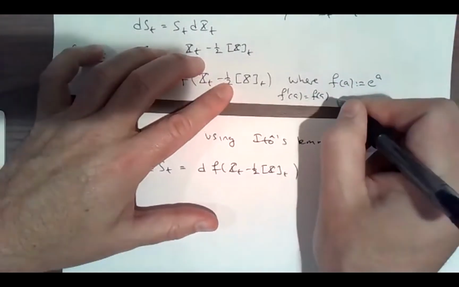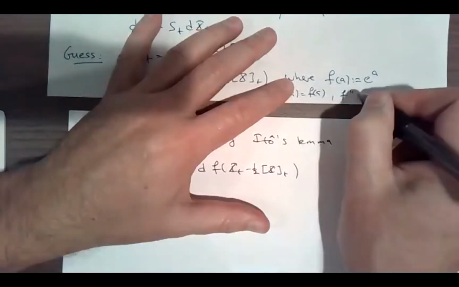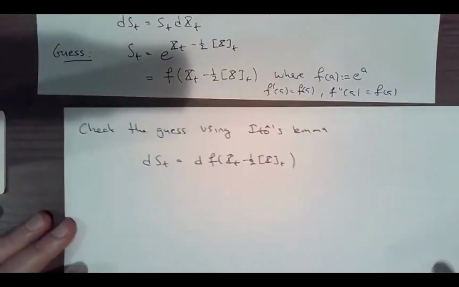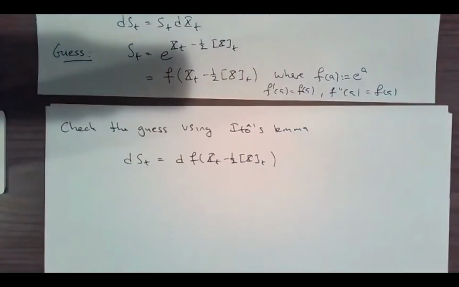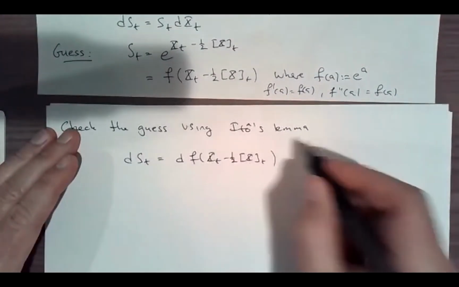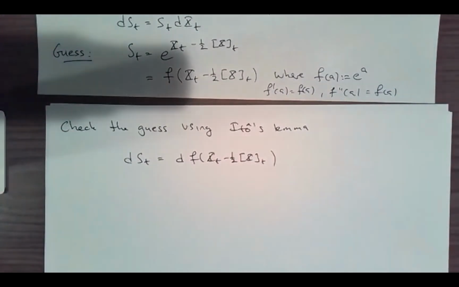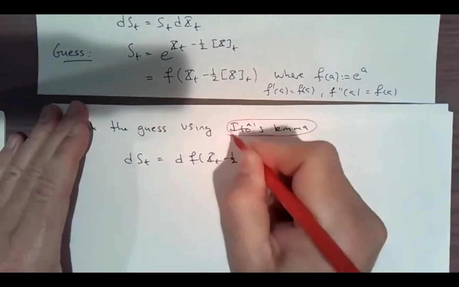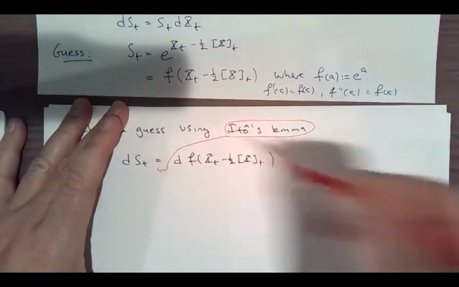I need to compute two derivatives, and I'll always just get the function back because it's the exponential function. Ito's lemma is going to come in the next equality.